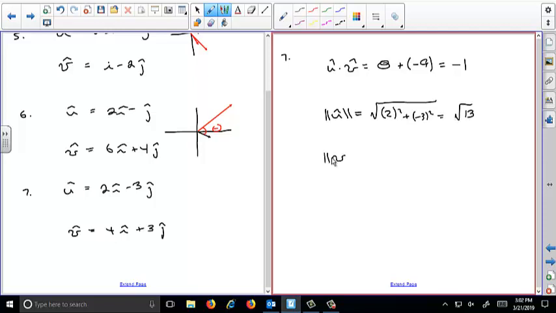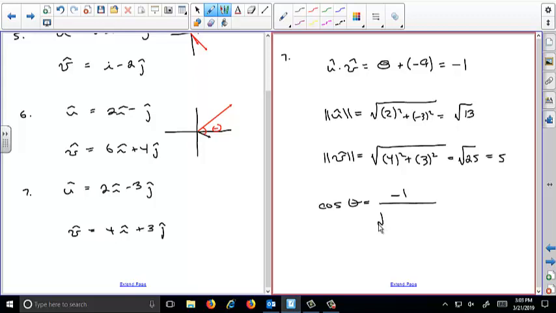The magnitude of vector v is the square root of 4 squared plus 3 squared, which is the square root of 25. 16 plus 9 is 25, that's 5. So the cosine of theta is negative 1 divided by the square root of 13 times 5.